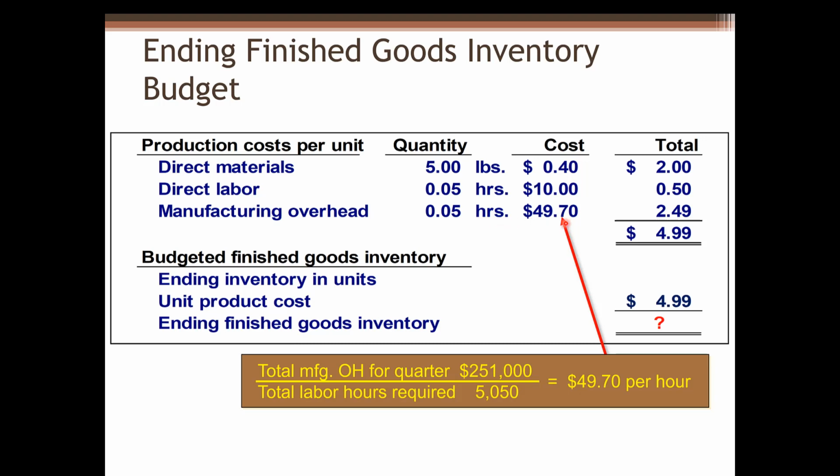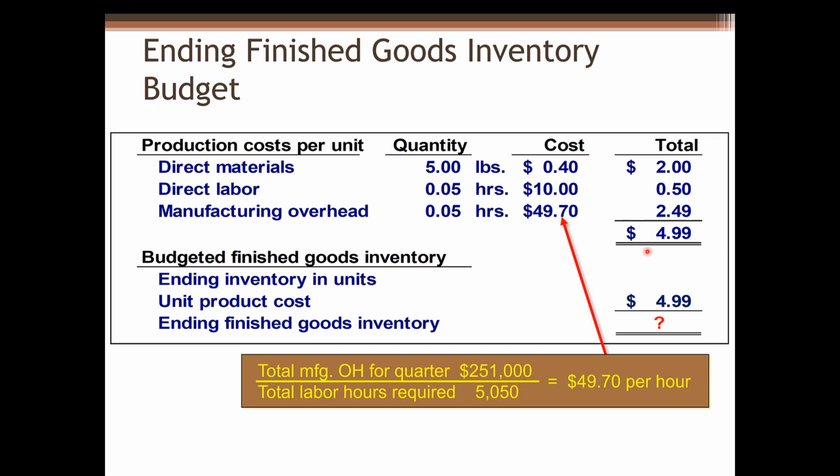The predetermined overhead rate we just calculated is $49.70 per hour. So we can calculate 0.05 multiplied by 49.70, and we can get $2.49. This is manufacturing overhead cost per unit. We add up the 3 together, and we can get production costs per unit.